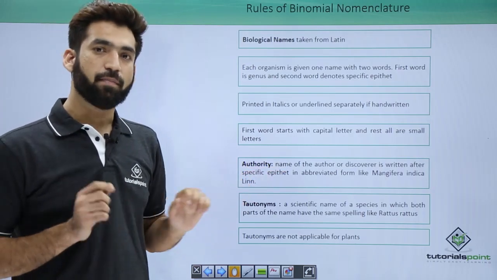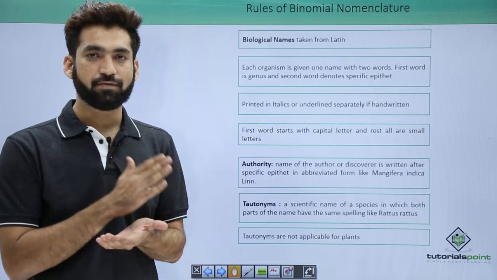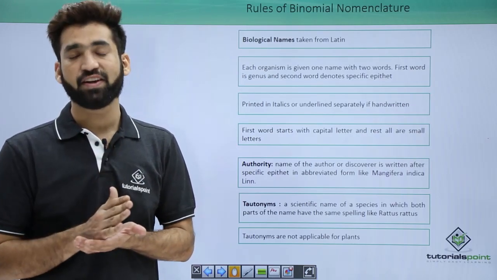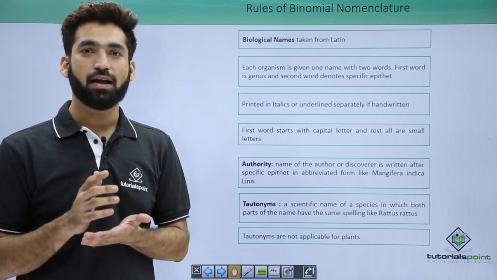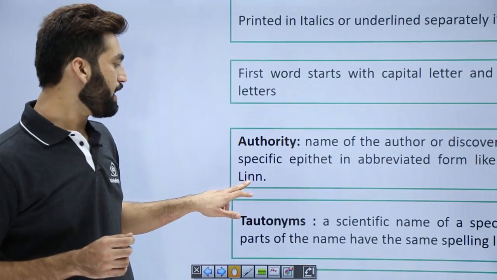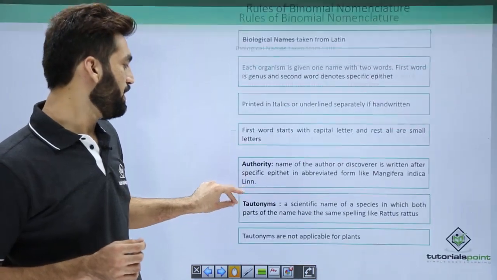Let's suppose you are writing Mangifera indica. In Mangifera indica, Mangifera is the genus and indica is the specific epithet. After Mangifera indica, you can mention Linn., which stands for Linnaeus.